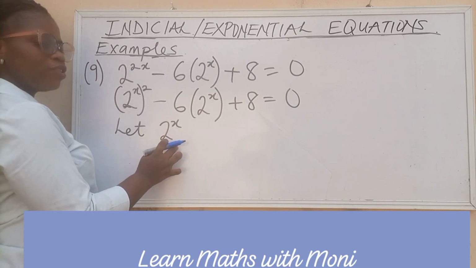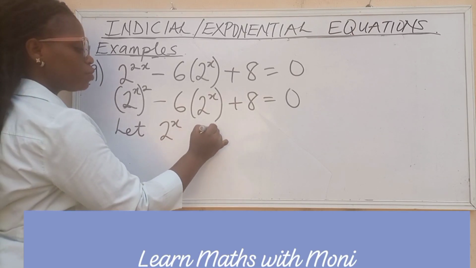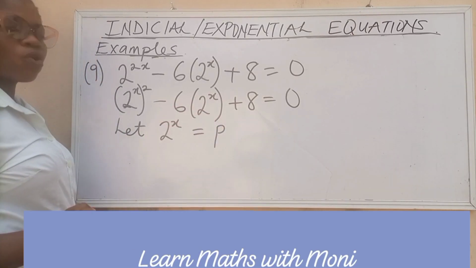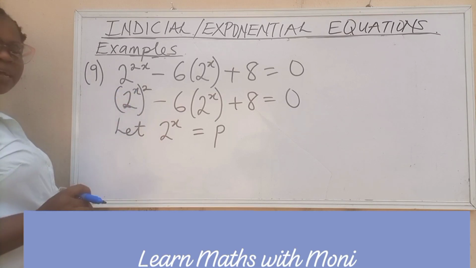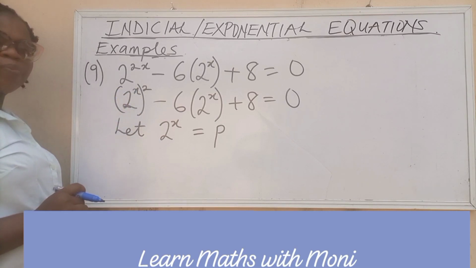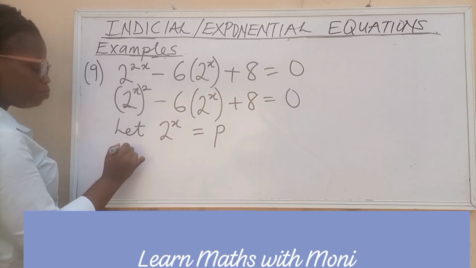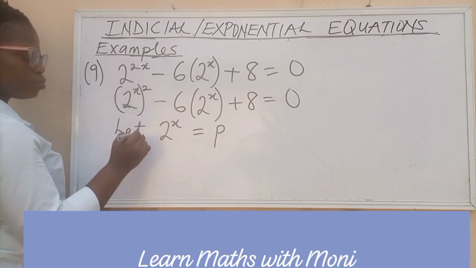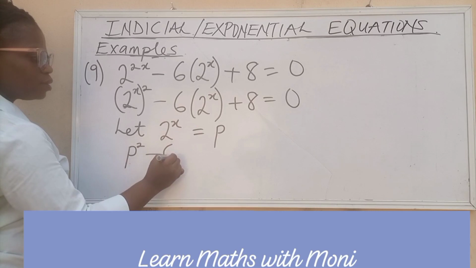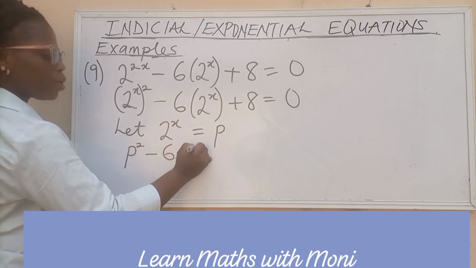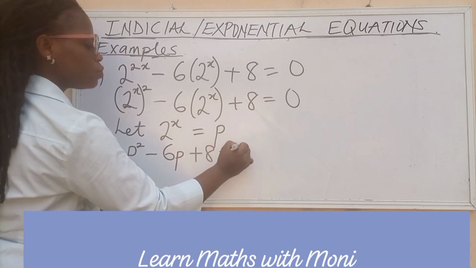Let 2 raised to power x be equals to p. So anywhere I see 2 raised to power x in this equation, I'll represent it with p. So here I have p raised to power 2 minus 6p plus 8 equals to 0.